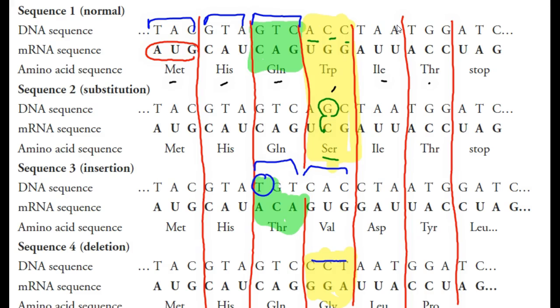We were talking about Darwin's theory last time, and one of the key points of his theory was variation, or having differences. What is more likely to lead to a difference, a substitution or an insertion or deletion? A substitution may or may not have any change in the amino acid sequence.